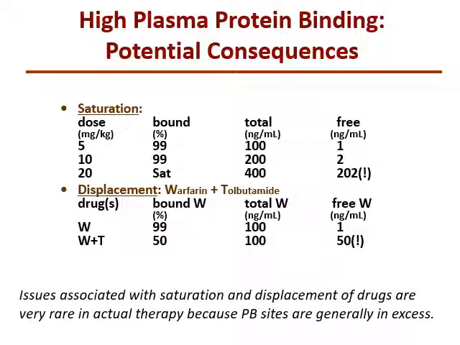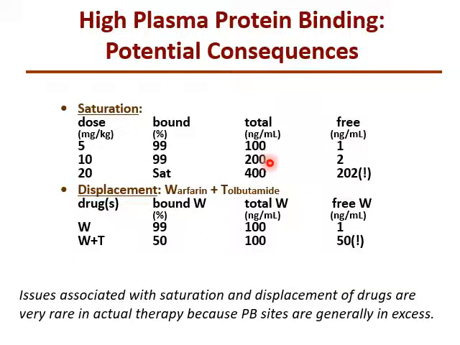So this little table illustrates the potential consequences of high protein binding. Let's look at the situation where we have saturation. As the dose of this hypothetical drug increases from 5 to 10 to 20 milligrams per kilogram, the percent bound first stays the same, and then at the higher dose you saturate the binding. Total drug, bound and free, goes up in proportion to the dose.